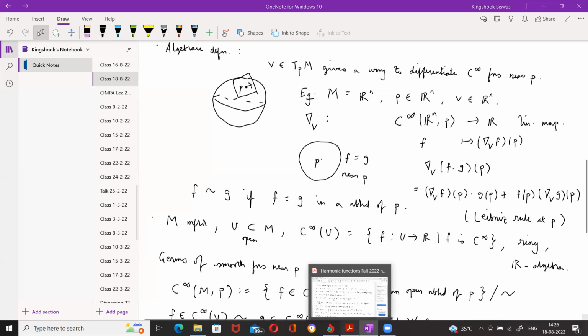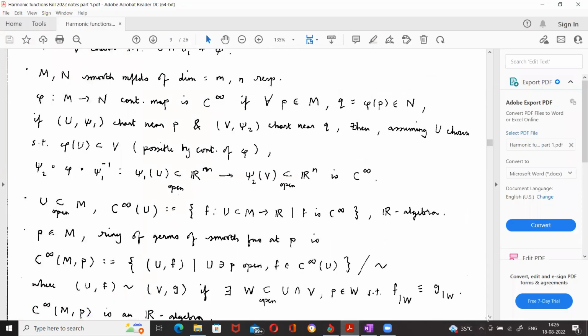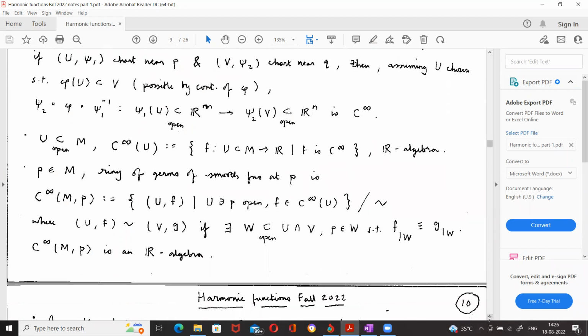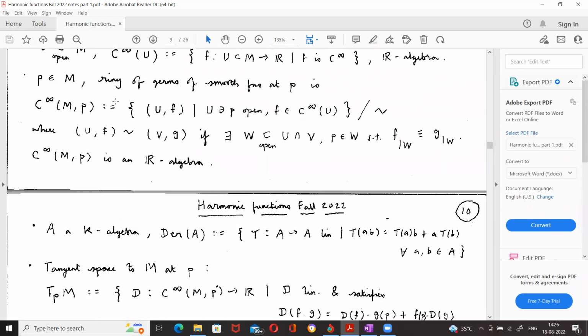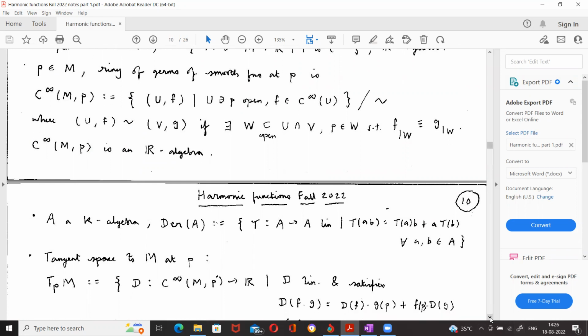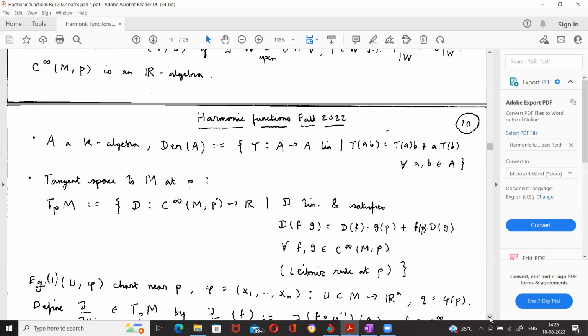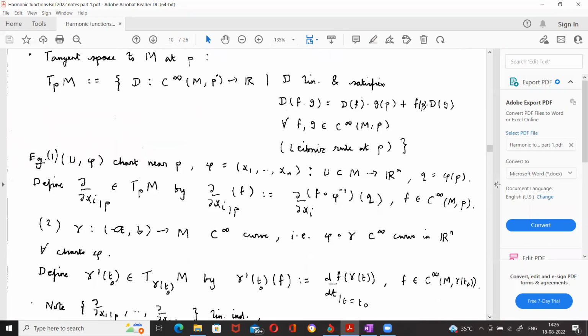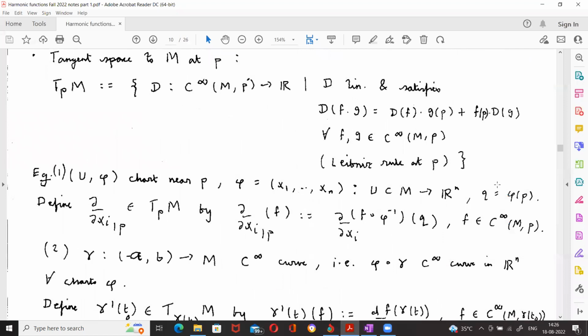So here we have, as I defined just now, the ring of germs of smooth functions at P, C infinity(M, P). And now we define the tangent space to M at P in a purely algebraic way.